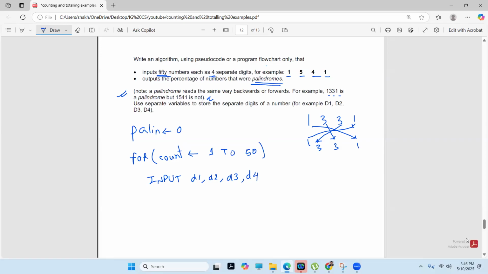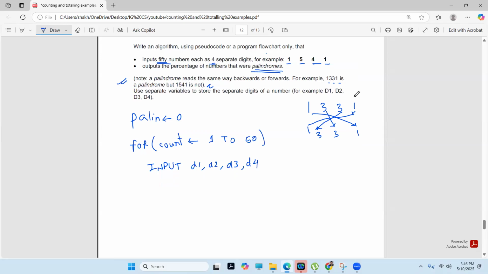So what is the logic behind a palindrome? You can see here, for example, this is D1, this is D2, this is D3, this is D4. D4 comes to the place of D1, and D1 goes to the place of D4. And D2 goes to the place of D3, and D3 goes to the place of D2.